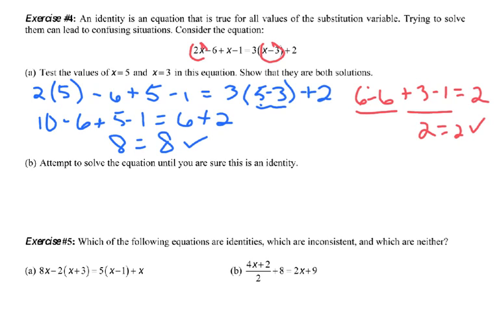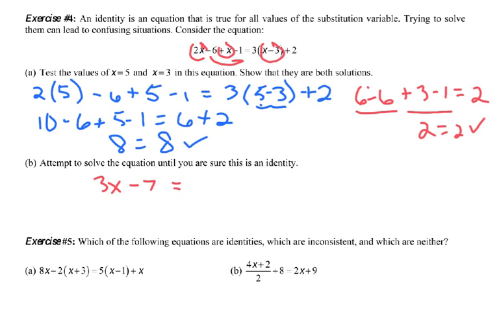If we actually try to solve this equation like normal, let's see what happens here. So we have some like terms. We can combine the 2x and 1x to get 3x. And I'm going to combine the negative 6 and negative 1 here to get negative 7.